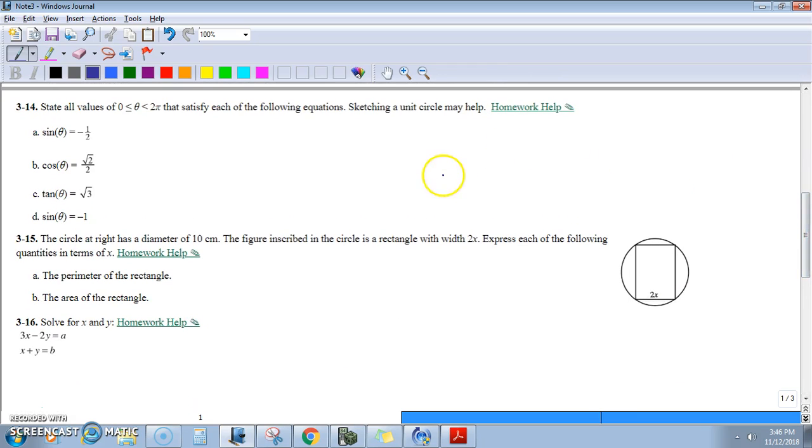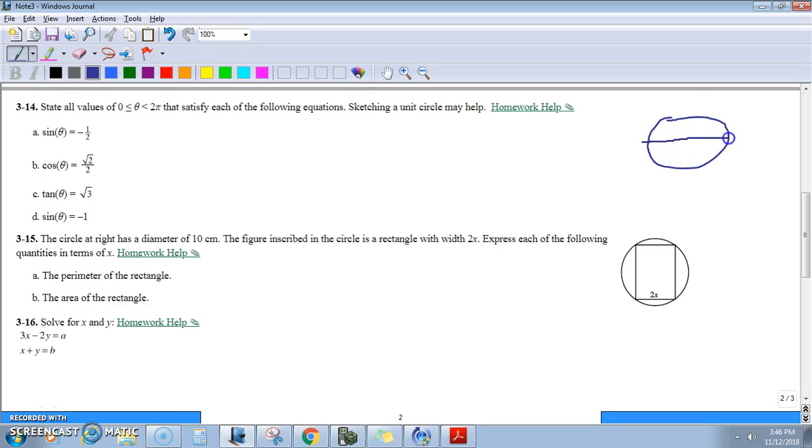All right, state all of the values from 0 to 2 pi that satisfy each of the following equations. Sketching a unit circle may help. Okay, so where is the height of my unit circle 1/2? I think that is at pi over 6, right?